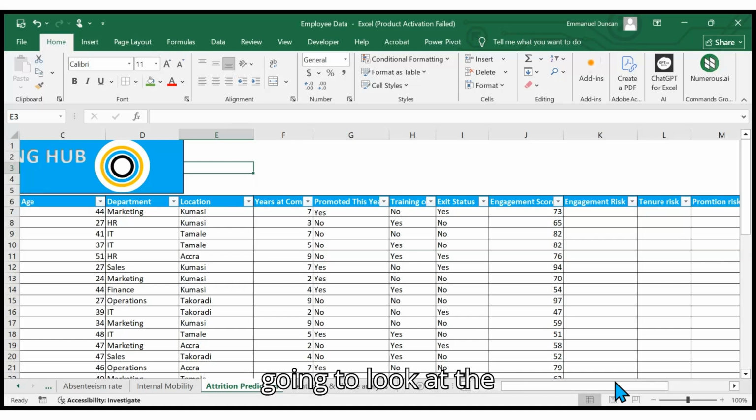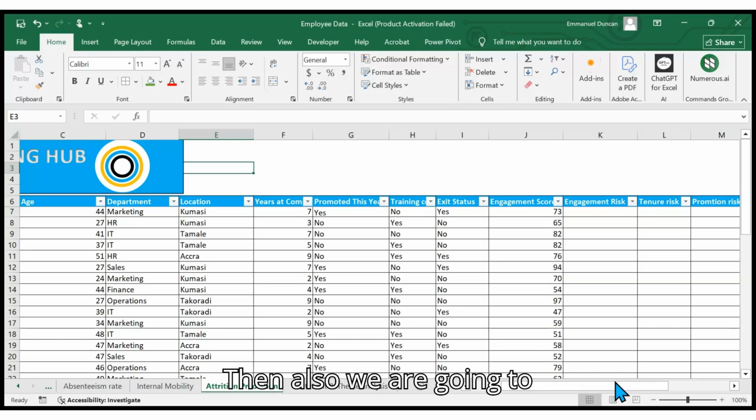We are also going to look at the promotion rate, which also helps to evaluate our internal mobility sometimes. So we will look at the promotion to determine those who were promoted in that year.